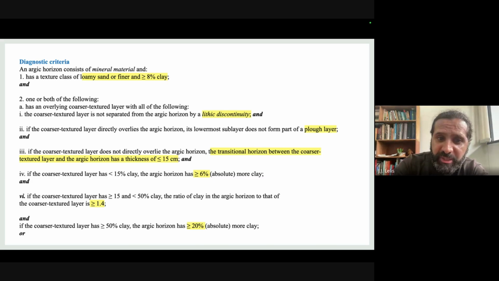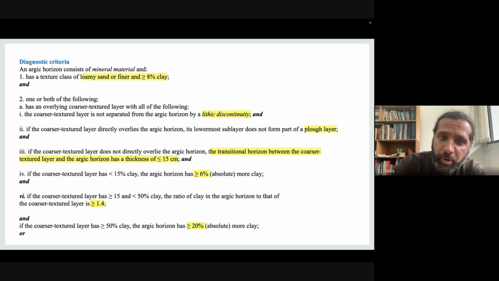You check the PDF file with the WRB and Soil Taxonomy and check if you are doing the correct classification. Don't worry about that. You must check them. I always check them. A lot of people, even the people that write this kind of document, check because it's quite hard to memorize everything. So don't worry, you don't need to memorize.